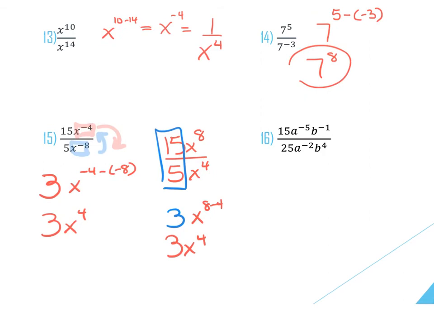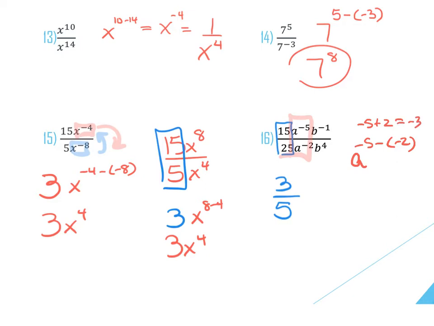Same thing on this one. Like I can reduce the 15 over 25, make this 3/5. And then for the a's, I'm going to do a to the -5 minus -2, which really becomes -5 plus 2.